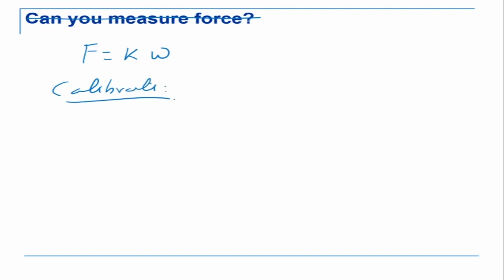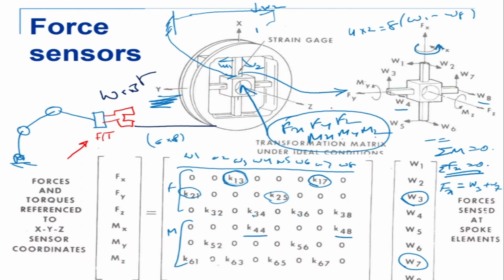How do we calibrate? We calibrate by putting small forces in the Fx, Fy, Fz direction, Mx, My, Mz. In the x direction, I apply a force of 1 Newton, then 2 Newton, 3 Newton, 4 Newton. Look at the reactions at W3 and W7, and then draw the graph.